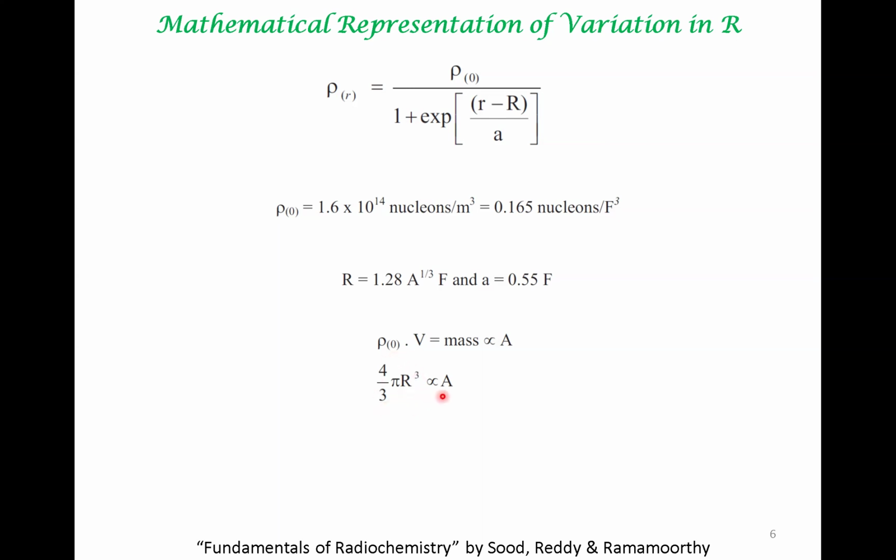Therefore, putting this together, R is proportional to A to the power of 1/3. So R can be written as some constant times A to the 1/3. We can get R from scattering experiments, and you know the atomic mass. By fitting it to different elements, we can get the value of the constant.